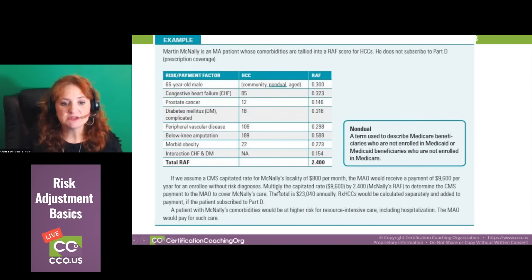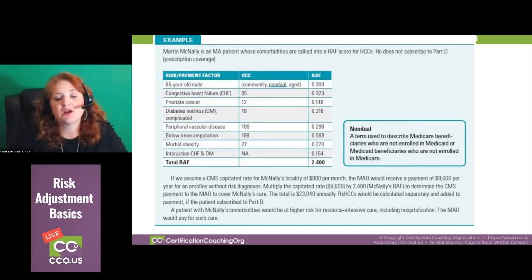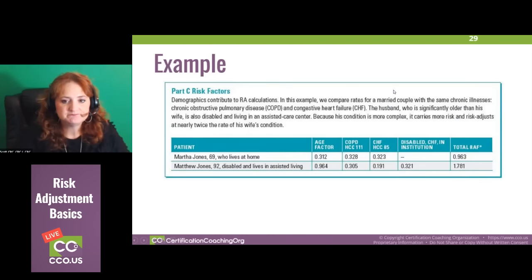But multiply the capitated rate by the 2.400, because that's his RAF score, and then it comes out to a little more than $23,000. So it's more money that's set aside in the coffer for that patient, so that we know that his needs are taken care of.